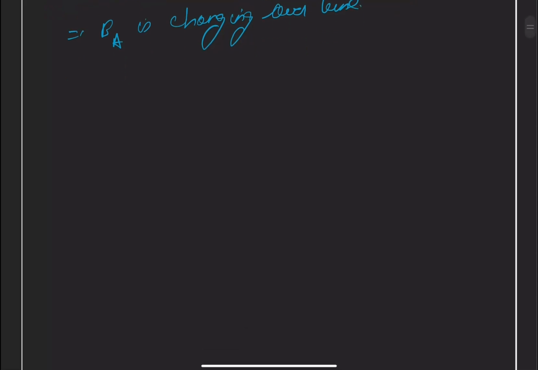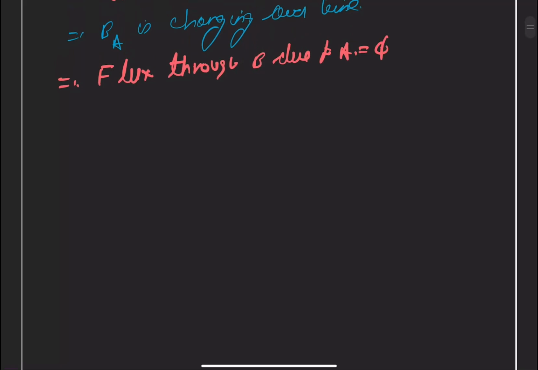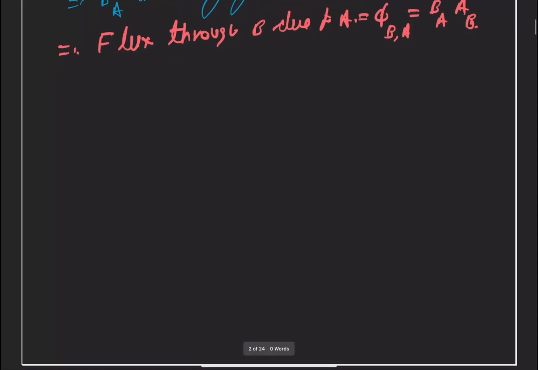So we can write that the flux through B due to A, phi, will be equal to the magnetic field because of A, and we have area of B. From here we can find out the induced EMF.